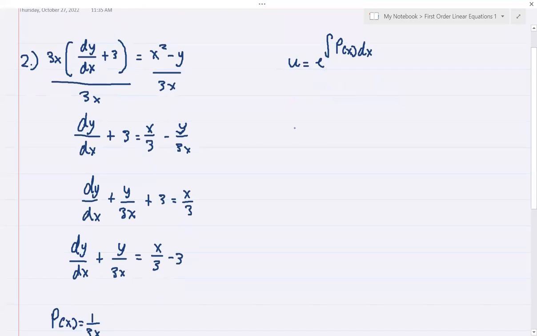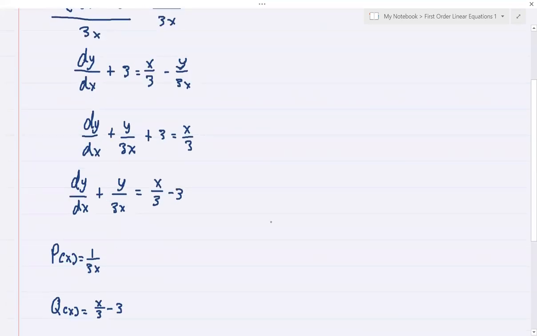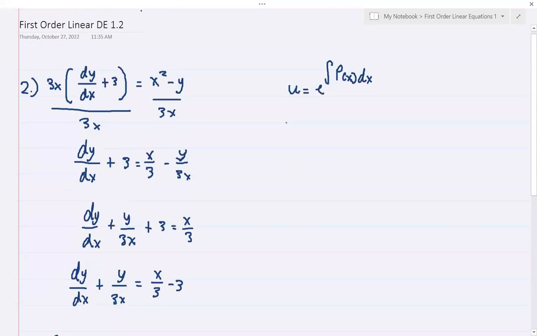Remember that your p of x is 1 all over 3x. So we will have u is equal to e raised to the integral of 1 all over 3x. We can bring out the constant here, so we will have e raised to 1/3 times the integral of 1 all over x.